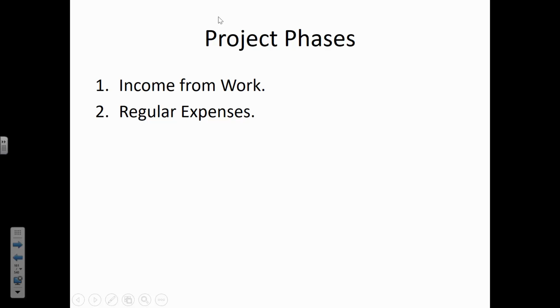My suggestion is that it's easiest to think of your food expenses on a weekly basis. Come up with a weekly food budget and then multiply it by 52 to get the annual food budget. It's easiest to think about housing costs on a monthly basis, so think of your monthly rent and multiply that by 12.